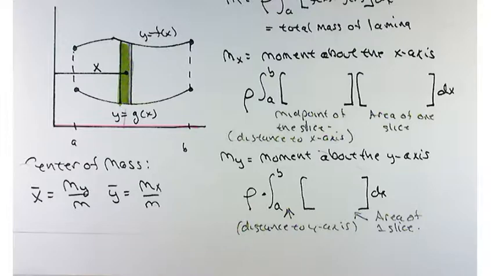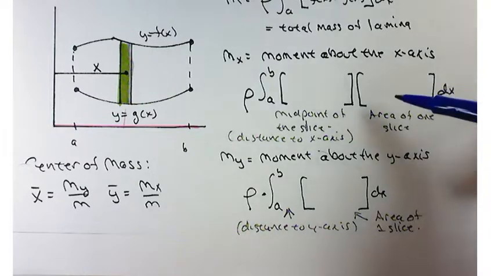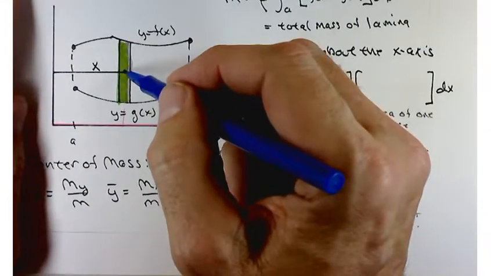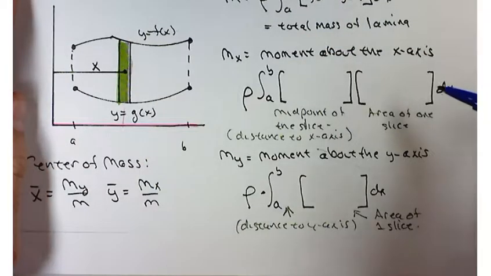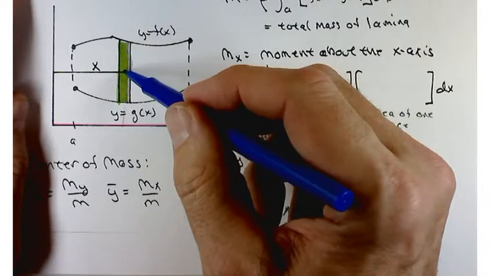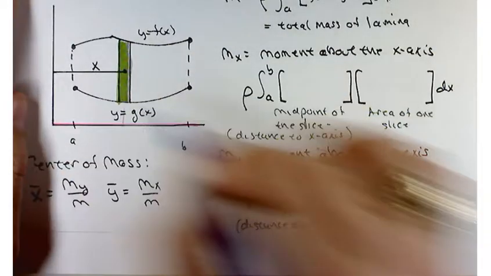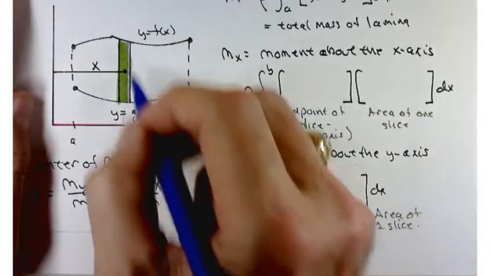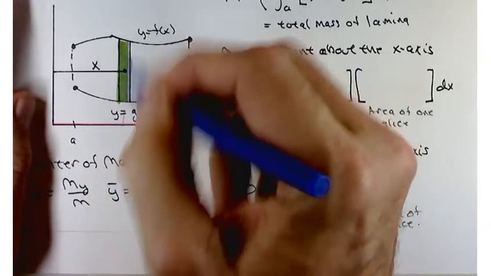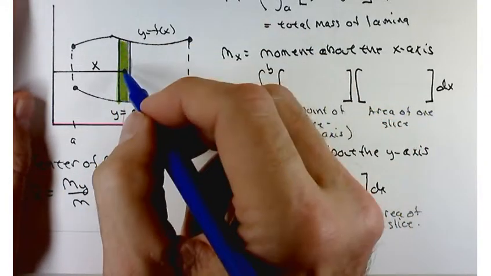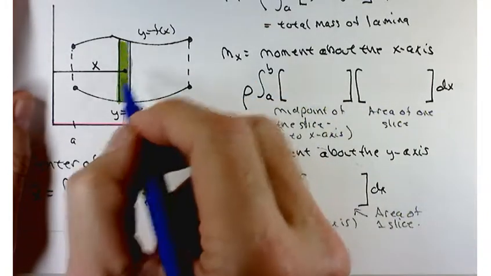The distance to the axis of rotation, let's see, it's going to be where that force is felt. So it's going to be the midpoint of this times the area of one slice. So my apologies, I misstated that a little bit. This area times this distance.